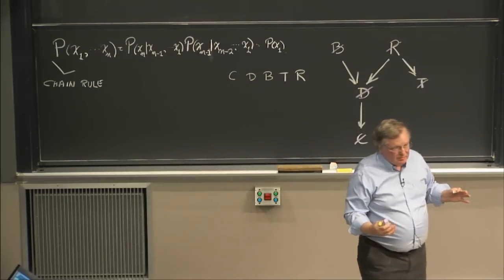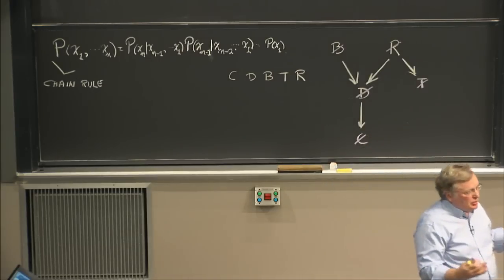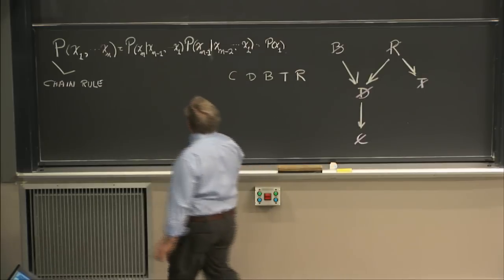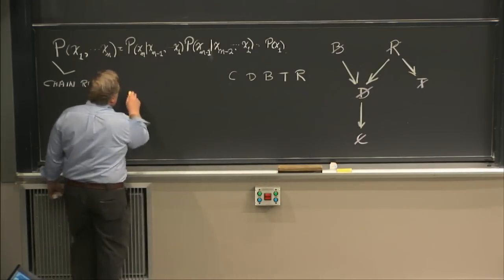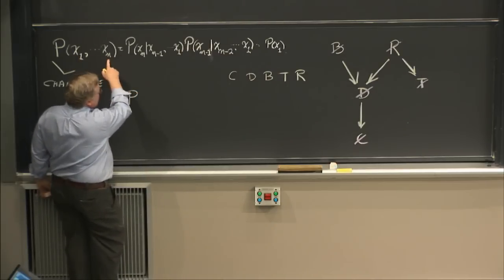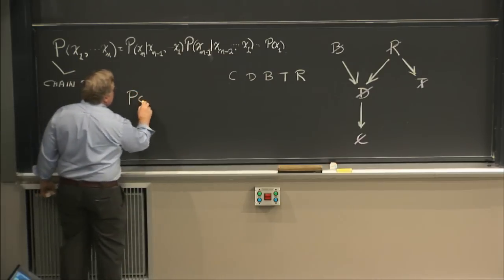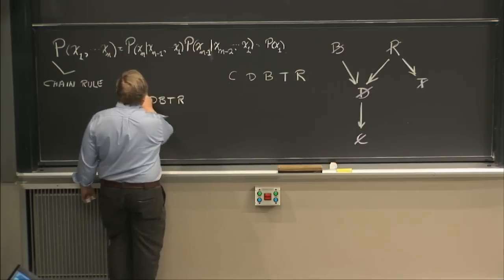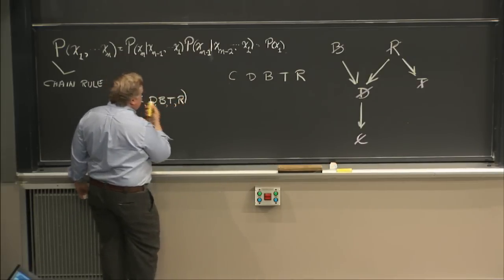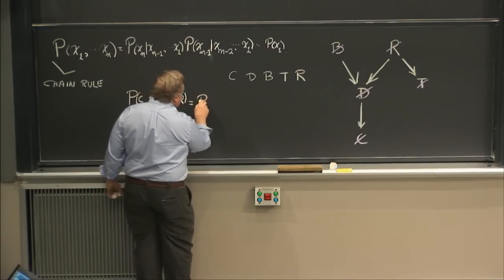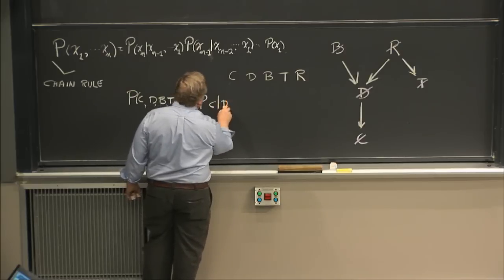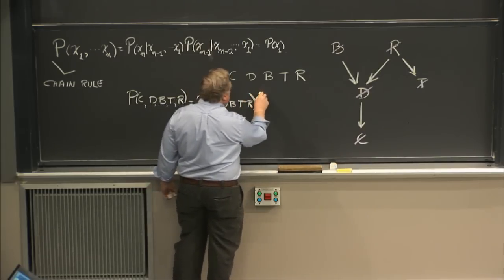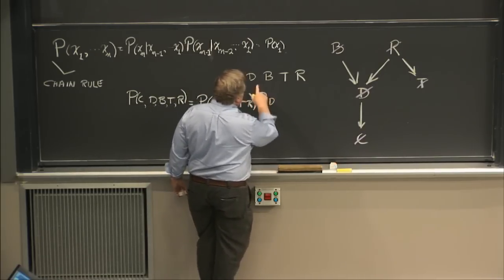All right? And now that's the magical order for which I want to use the chain rule. So now I can pick C to be my variable n, and I can say that the chain rule says that the joint probability of all these variables, P of C, D, B, T, and R, the probability of any particular combination of those things, is equal to the probability of C given everybody else. Next in line is D, given everybody else.